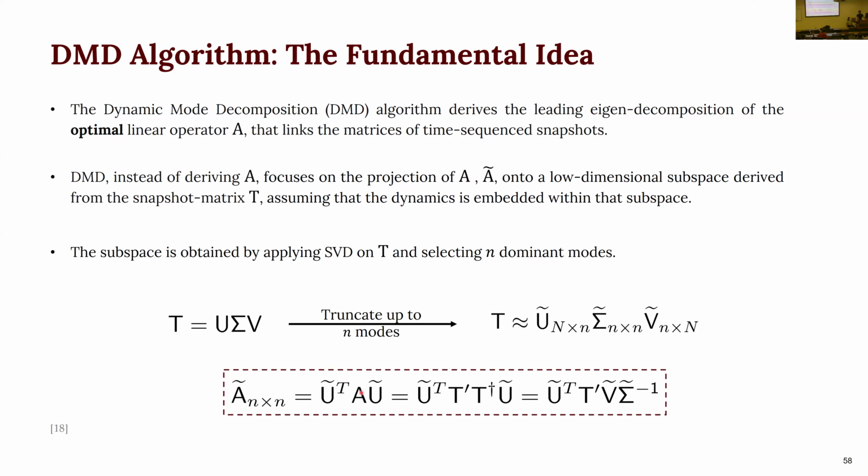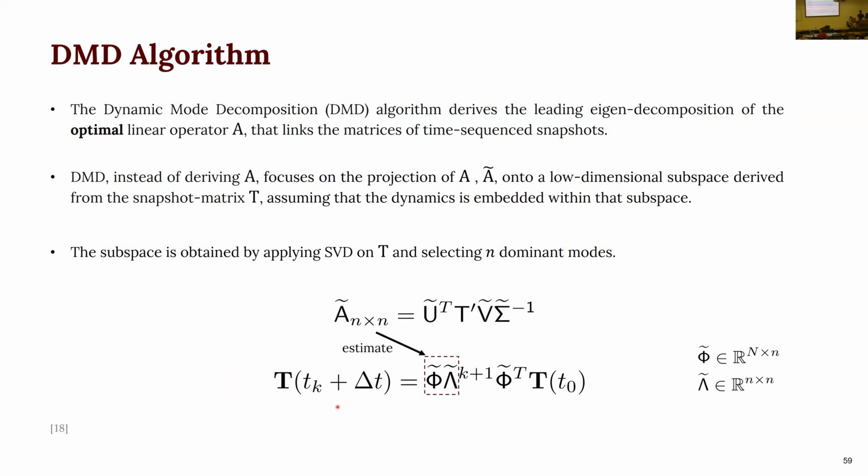And remember, we don't have A, but we know that theoretically A is T prime times T pseudo inverse, and we can replace the expression of T pseudo inverse based on this expression, and we get this. We have V tilde, sigma tilde, U tilde, and T prime. So we actually didn't do a pseudo inverse, and in this way we are able to find what A tilde is.